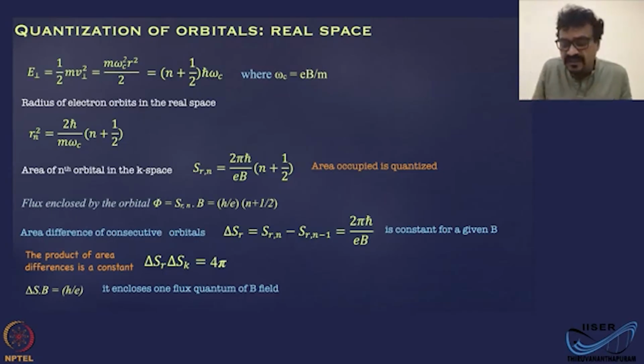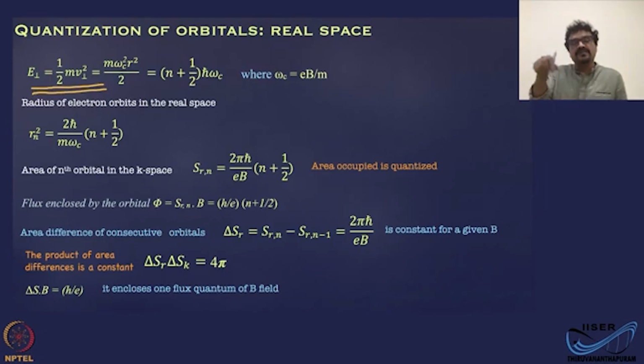So the energy again is given by half m v squared, where v is the corresponding perpendicular motion, v equal to omega times r, and that is again given by this quantization, a quantized energy (n + 1/2) h bar omega_c, where omega_c is the cyclotron frequency.